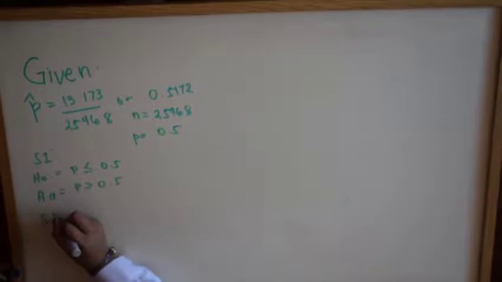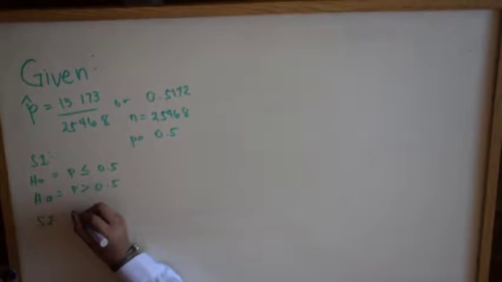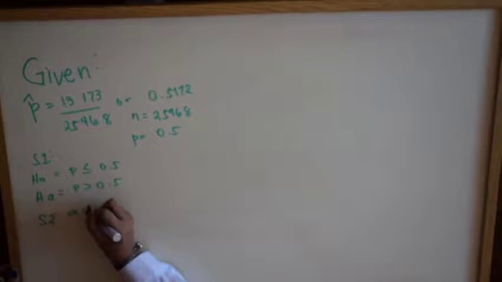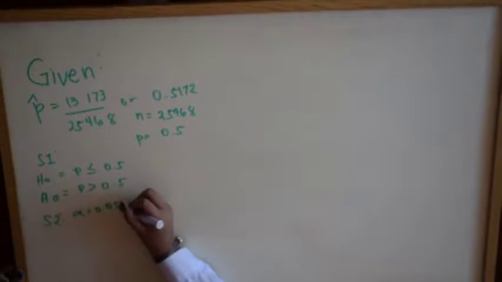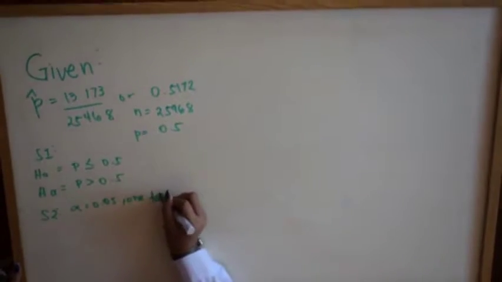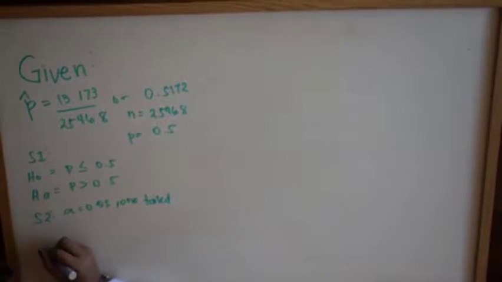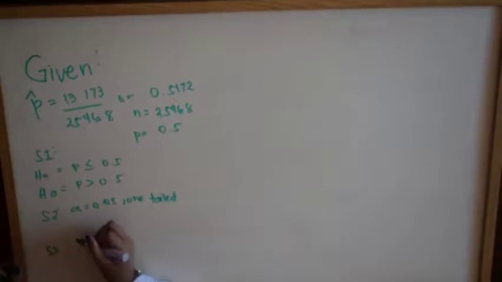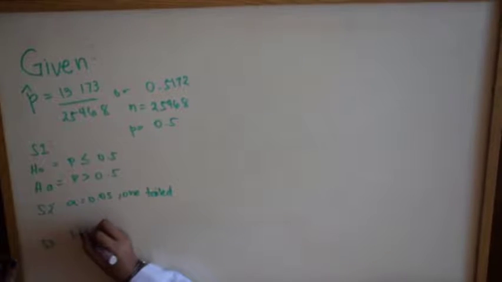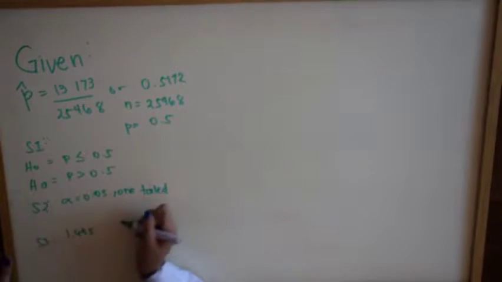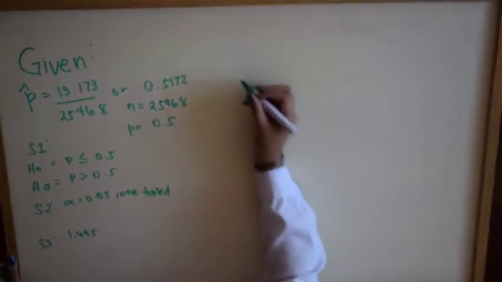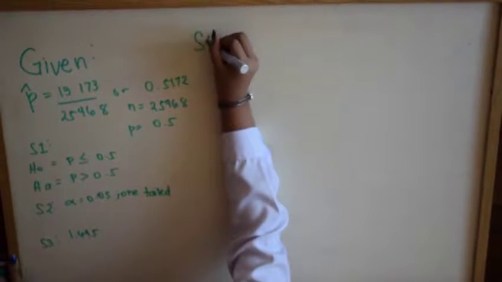For our step 2, we would need the alpha value, which would be 0.05, and this would be a one-tailed test. For our step 3, we would need the critical z-value, which would be 1.645.